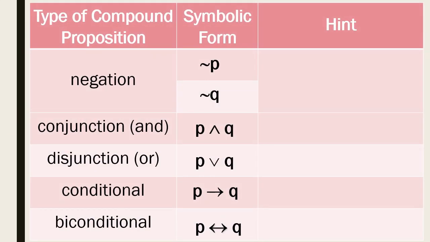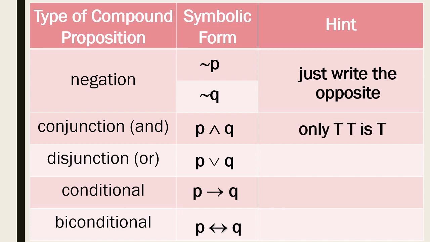So this will be your hint. For not P and not Q, it's just the opposite. If it is T, then write F. If it's F, then write T. For conjunction, or and, only both true is true. For disjunction, or, at least one true makes it true.